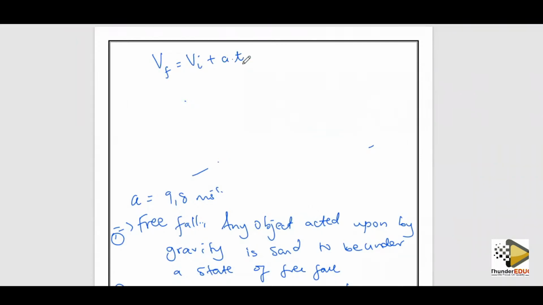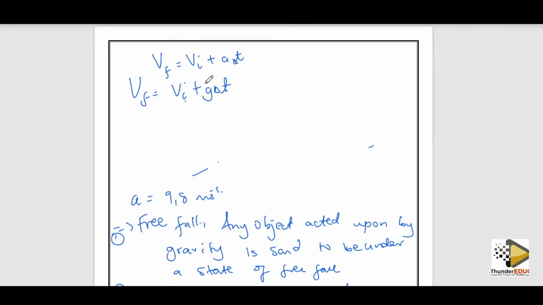But in most cases, we're not going to call it the acceleration. Since the object is under the influence of gravity, that acceleration a is going to be turned into g. So in other words, V final is equal to V initial plus g delta t.